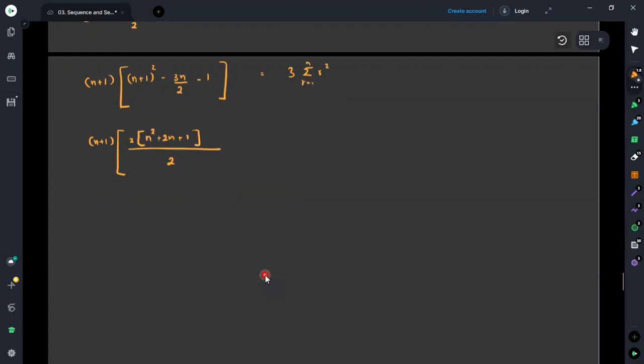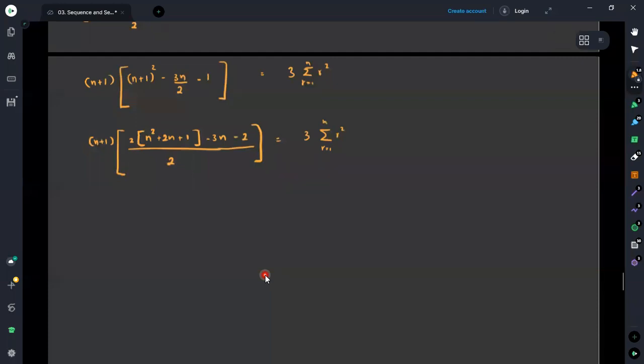Then we have minus 3n, then minus 1. Once we get the common denominator, it will become minus 2, and it is equal to 3 times the summation of r squared, where r is going from 1 to n.